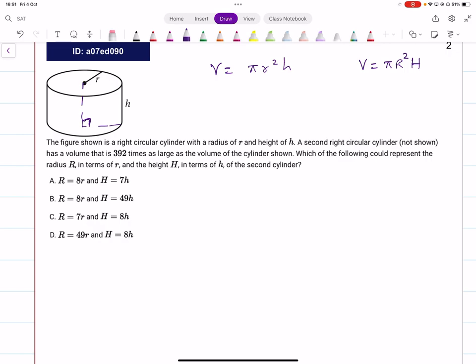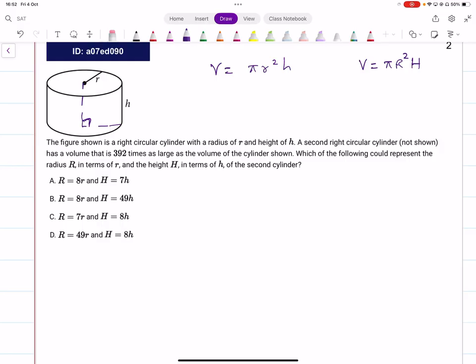Both are right cylinders. Are any two right cylinders similar? No. For 3D figures, the condition for them being similar is all the angles should be equal, and all the sides should be proportional. We do not know if the sides are proportional. So we are not going to treat them as similar cylinders.